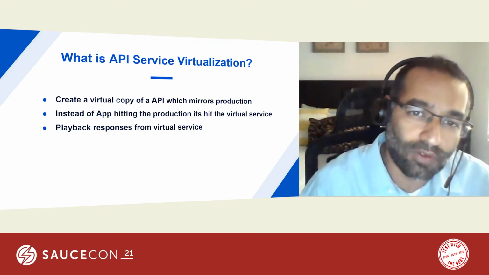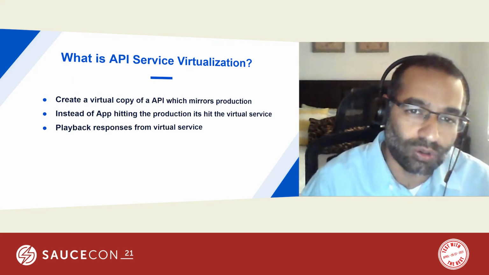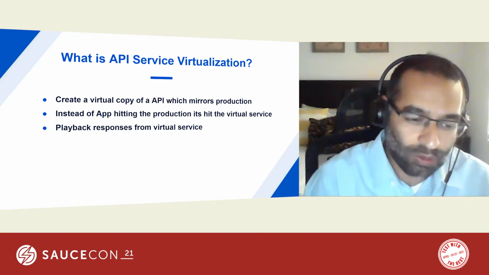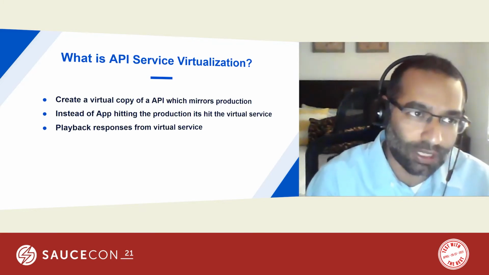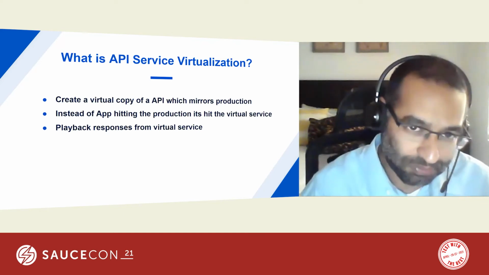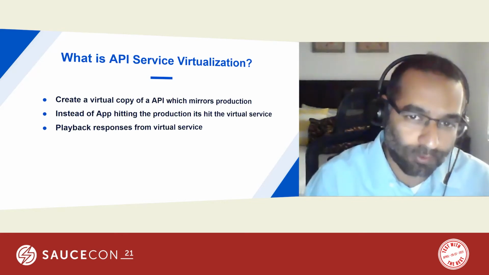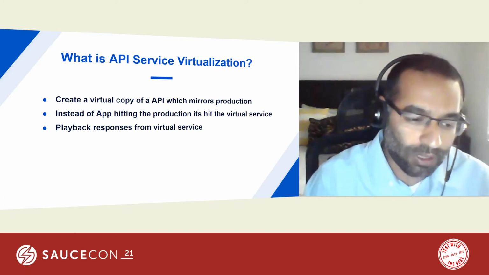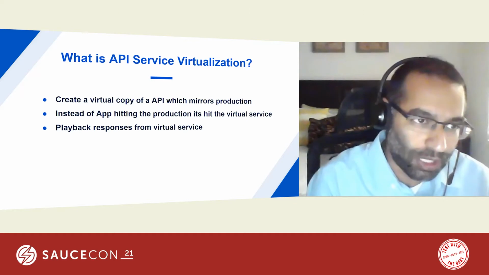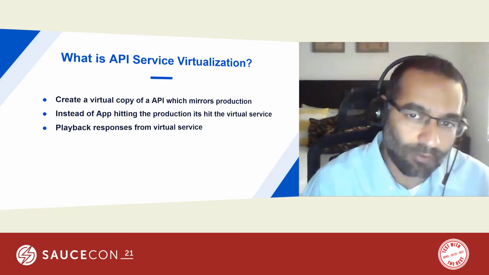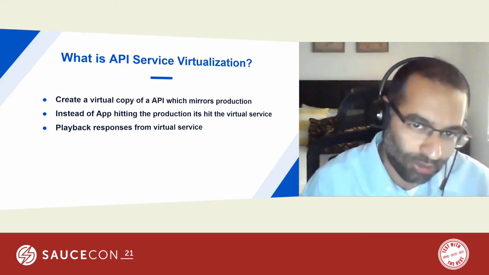API virtualization is basically where you create a virtual copy of an API, a mirror of your production API. Once you create a copy of your production API, you build an app that, instead of hitting your production or staging API, hits the virtual service. The virtual service is a mirror copy of your production API.